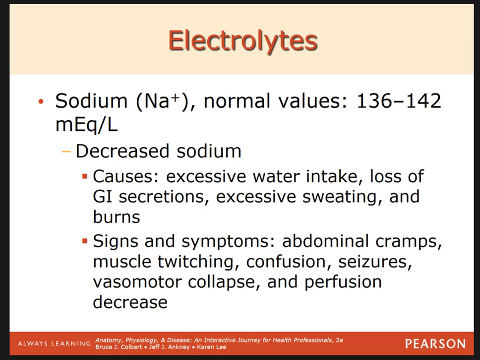A decrease in sodium can be caused by excessive water intake, loss of GI secretions, excessive sweating, and suffering from burns. The signs and symptoms of a decreased sodium include abdominal cramps, muscle twitching, confusion, seizures, vasomotor collapse, and a decrease in perfusion, the blood circulation.